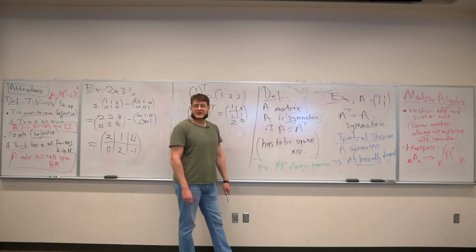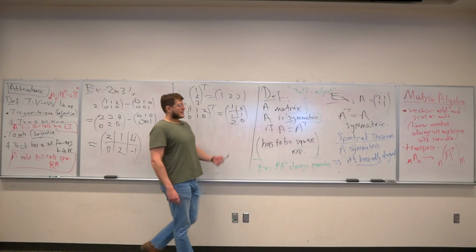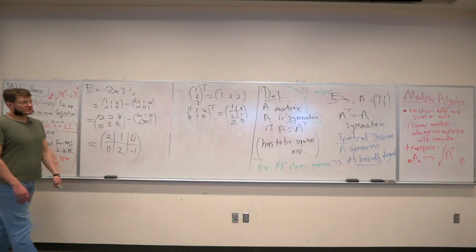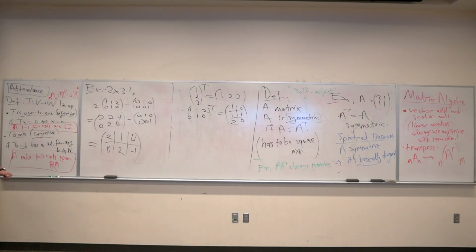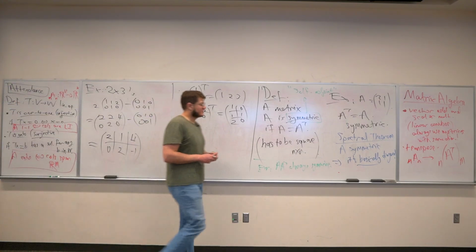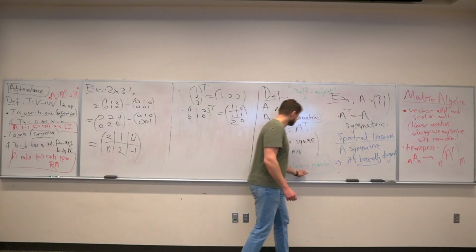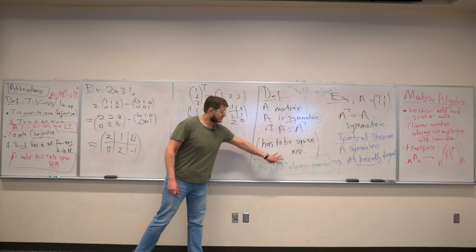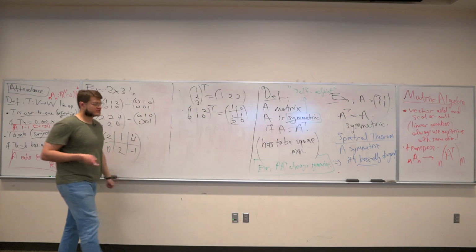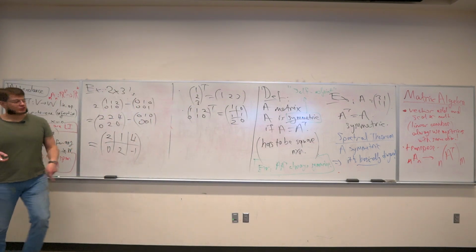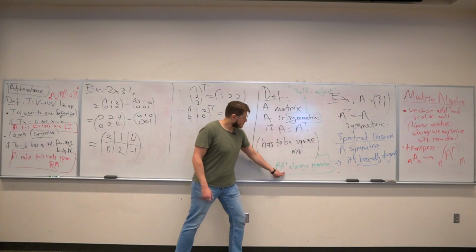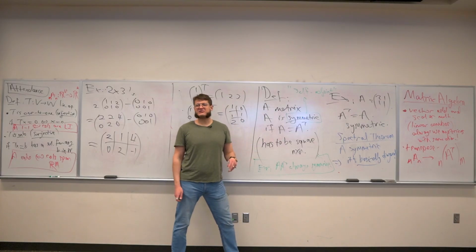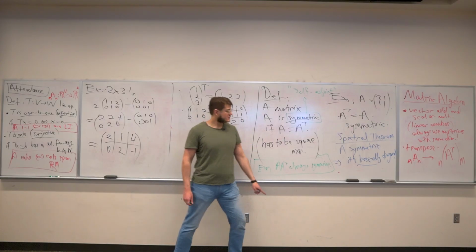Now this is square. It is also symmetric. And we apply the spectral theorem to get the principal components, as they say, of the data that you have.